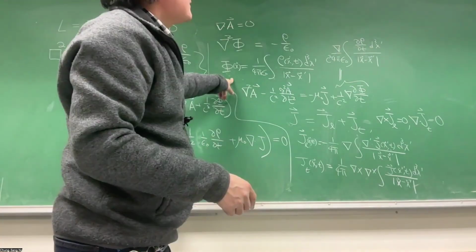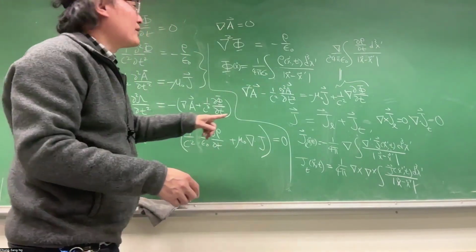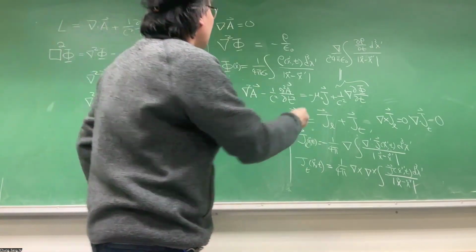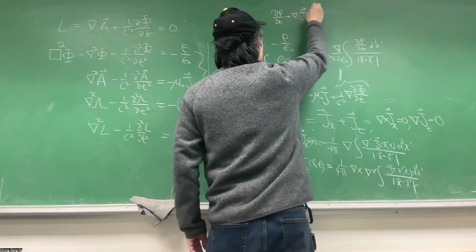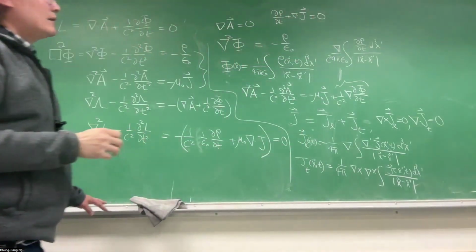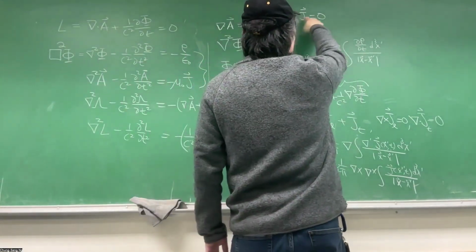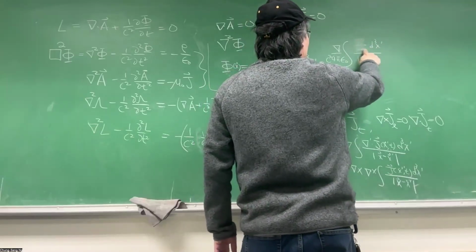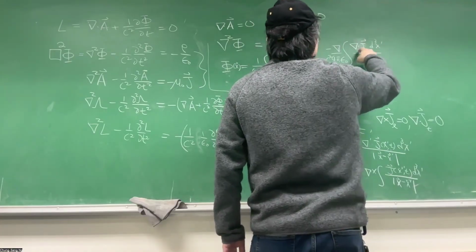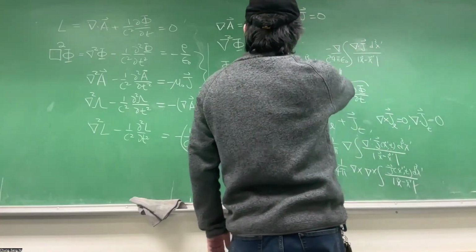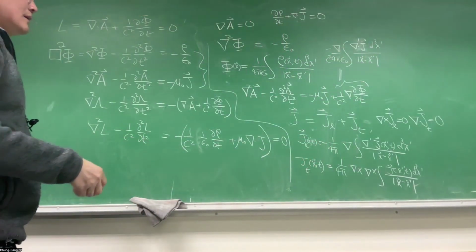Then now you can use the continuity equation. You remember that, right? The continuity equation is just partial rho over partial t plus divergence of J is 0. Once you substitute this continuity equation, this becomes minus divergence J, but this is inside, this is of x prime, so this is divergence prime.